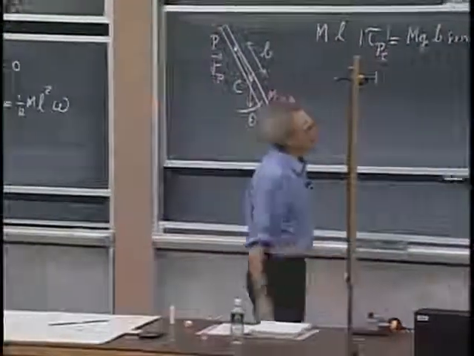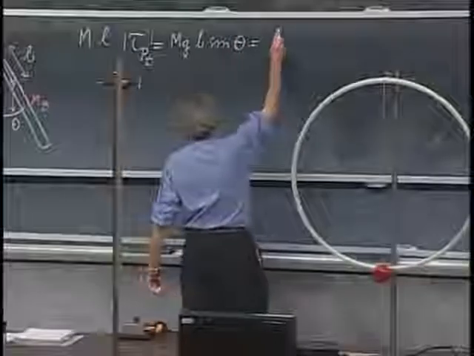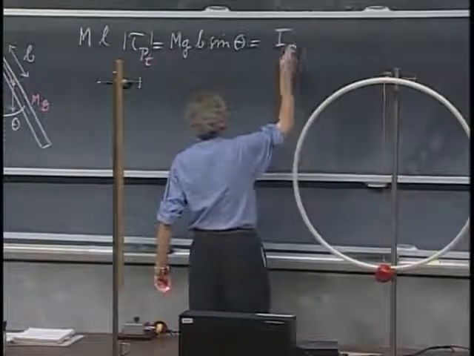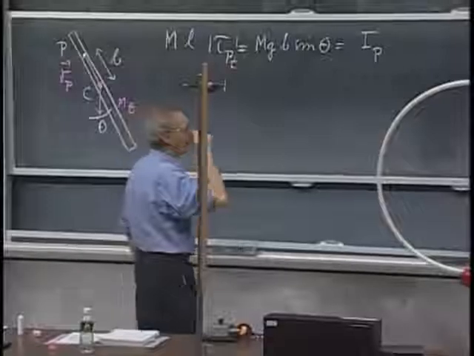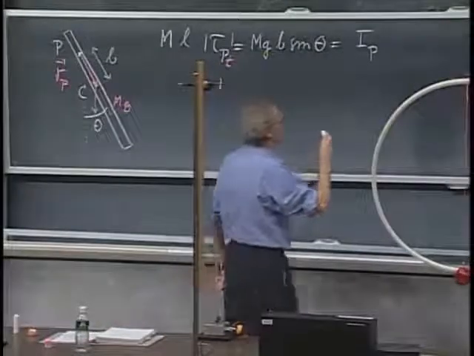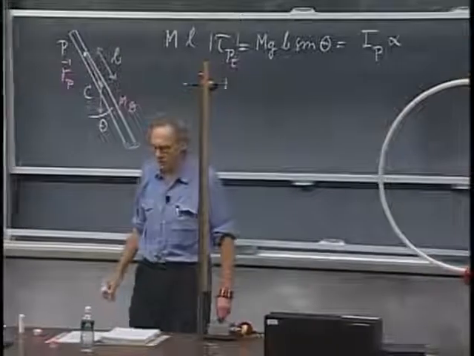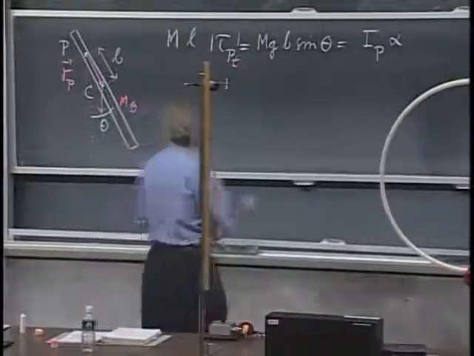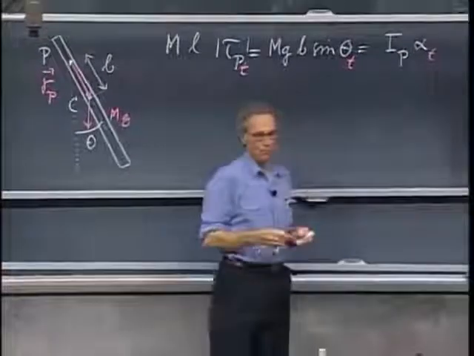I go to equation number 4, and I say, aha, that must be equal to the moment of inertia about point P, about the axis perpendicular to the blackboard through point P, times alpha, which is the angular acceleration, and of course, this may change with time, and theta will change with time.